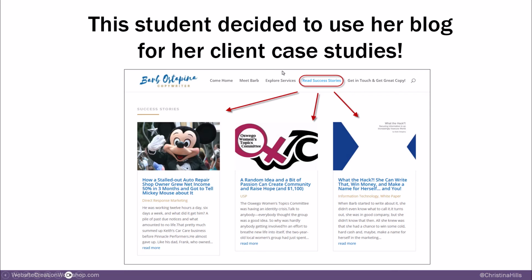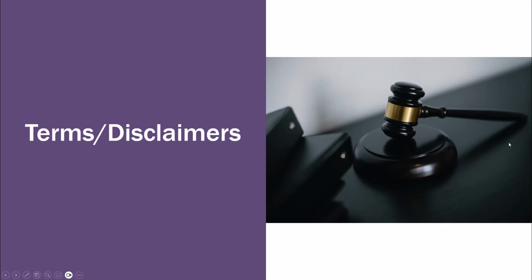She doesn't even have the word blog up here. She just has read success stories. And notice how she doesn't have the date on there, so it becomes evergreen, meaning she doesn't have to feel the pressure to be publishing all the time. As she gets a new success story, she writes an article about it.